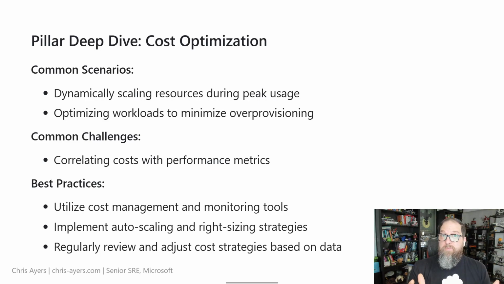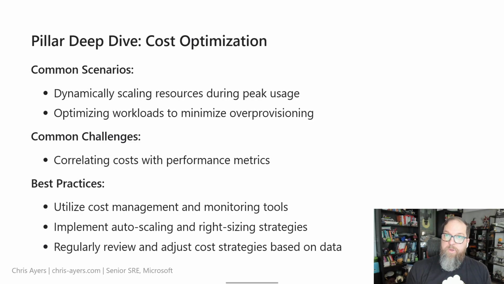A lot of cloud services, Azure especially, has an amazing variety of cost management tools. You can understand exactly where the cost is coming from by resource type, by resource group, by region. You can leverage tagging to break things down by business group or workload or application. So going through and leveraging those tools and reviewing them regularly is extremely important.